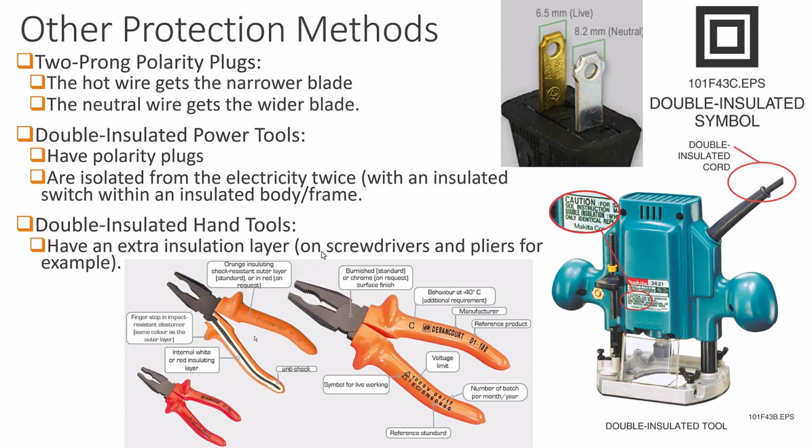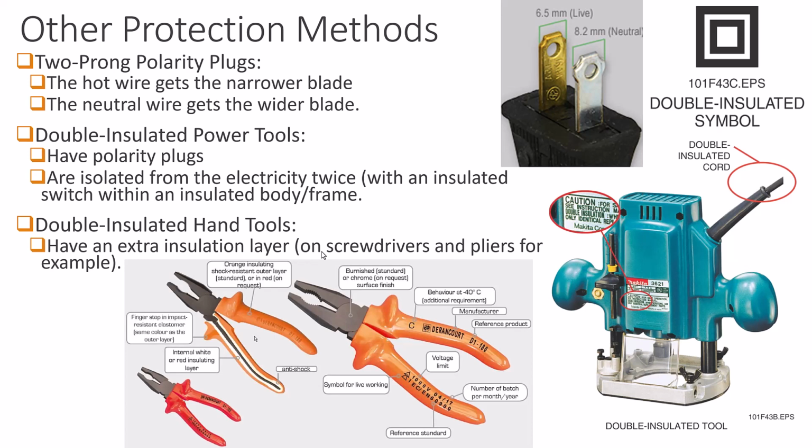So the double insulated tool we were talking about, here's another example, and you see there's a symbol up at the top right hand corner for double insulated tools. They typically have 2-prong plugs, and they're typically polarity plugs, where the hot wire is hooked up to the brass colored prong at the top, and the silvery prong, though it doesn't have to be this color, is a wider blade.